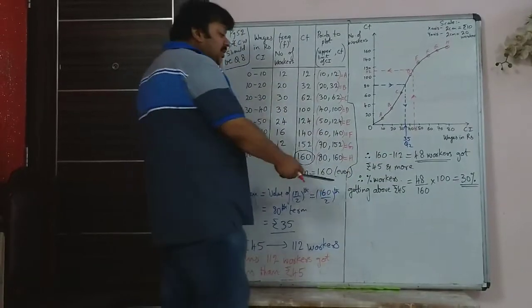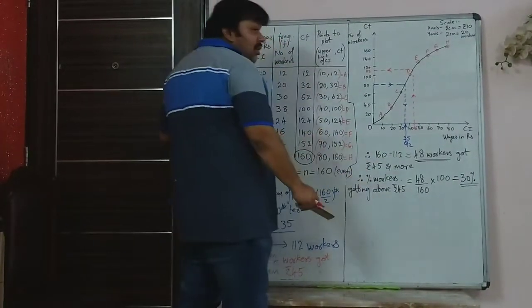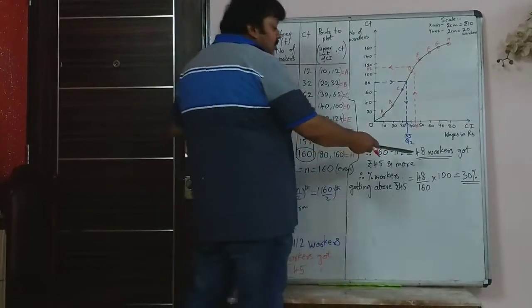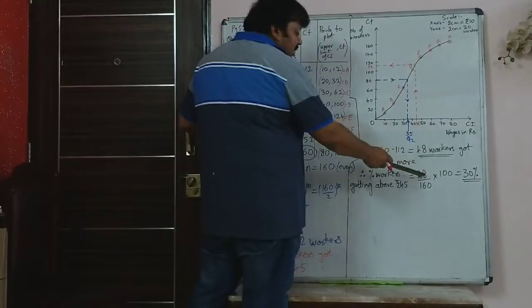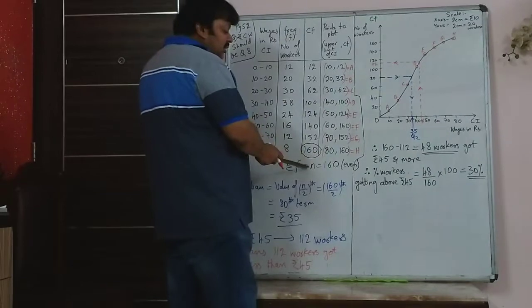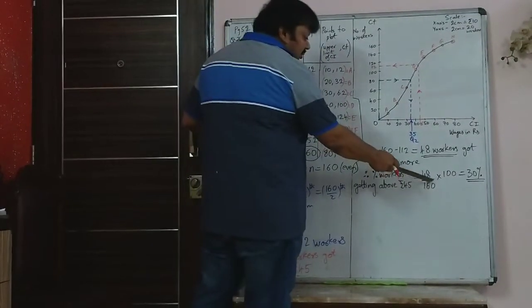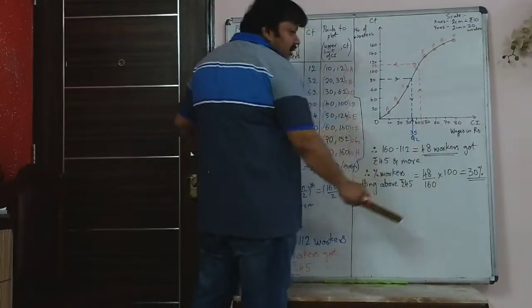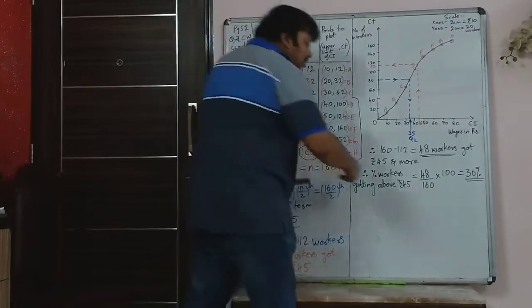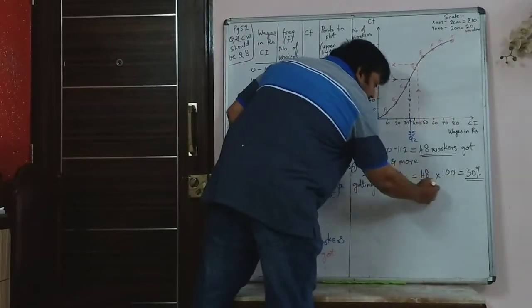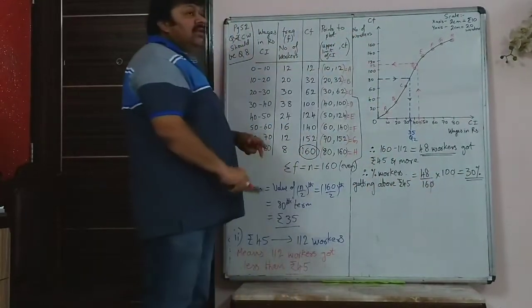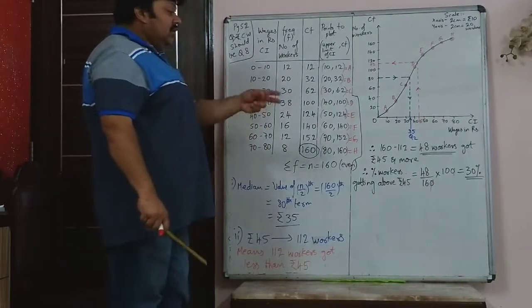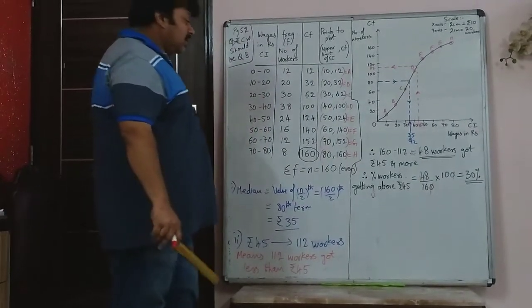So to find the percentage of workers getting above rupees 45, what you would do, total 48 upon total number of workers, sigma f, 160, into 100 to find the percentage. So 0 gets cancelled and this goes exactly 3 times. 16 3s are 48, so it will be 30% workers.